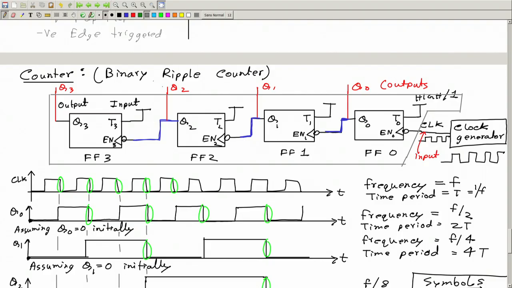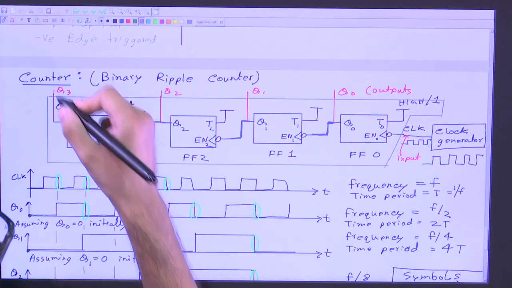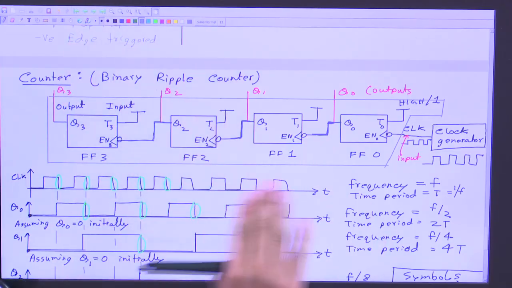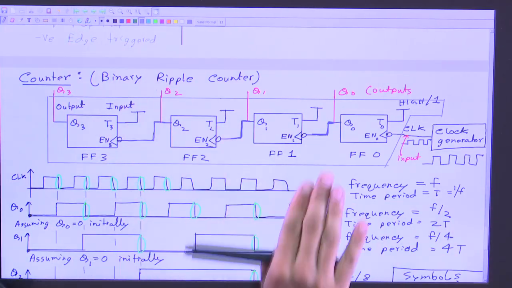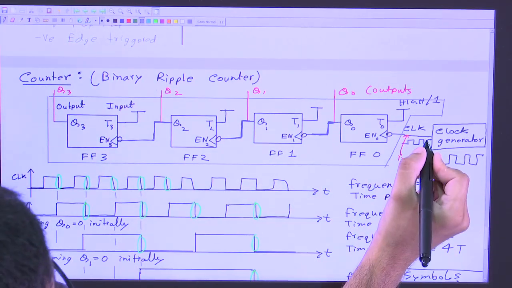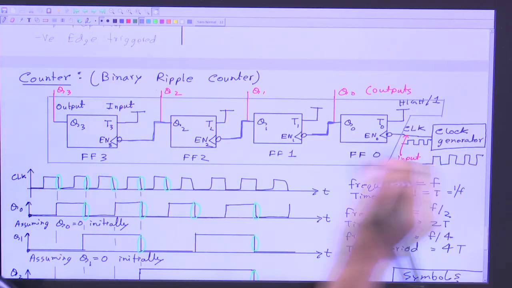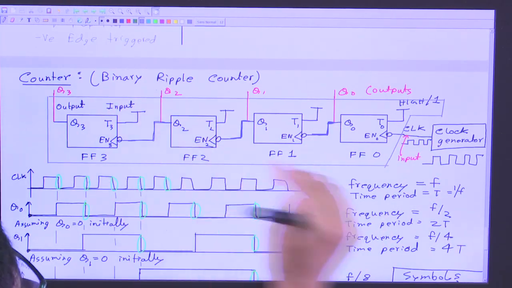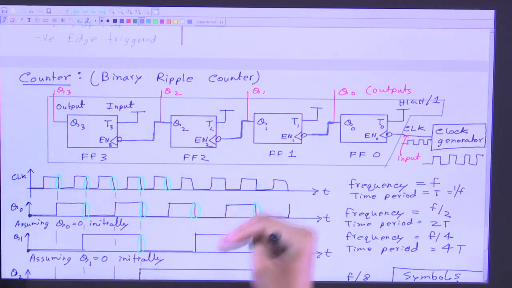And why do we call it a ripple counter? I do not know exactly why, but I guess because this Q0, Q1, Q2, Q3, they are all oscillating. They are going up and down like a ripple. Or you can also think that this input also has ripples, going up and down, and it is counting the number of ripples or oscillations.